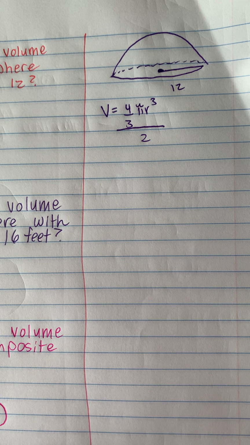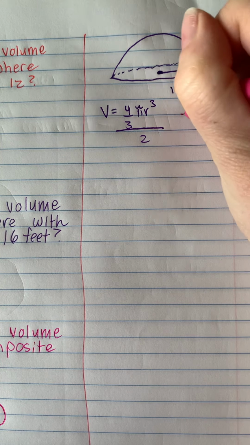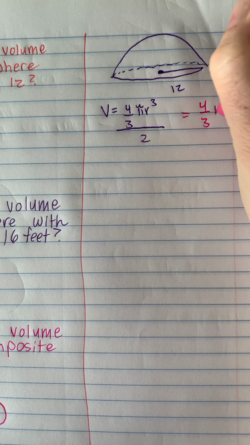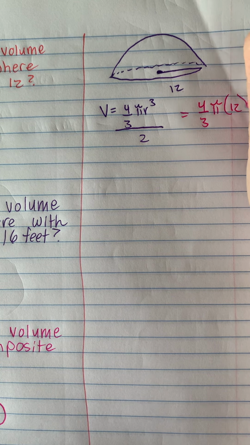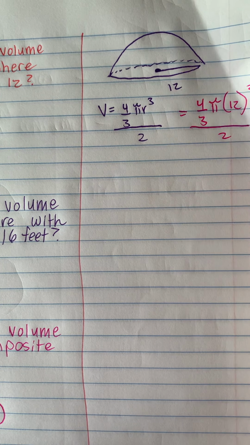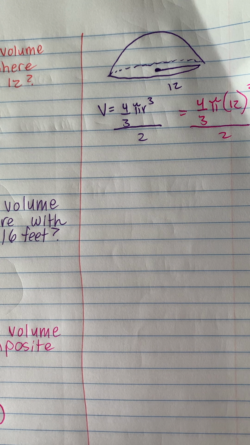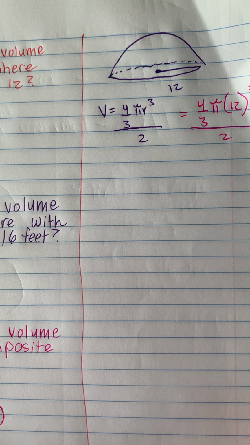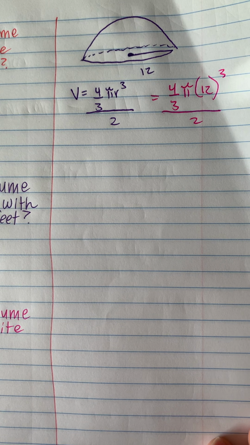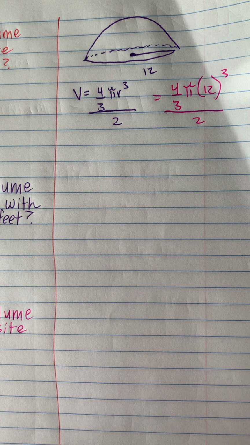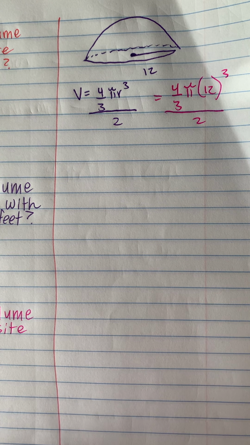So plugging in our radius of 12, and that whole thing is going to get divided by 2. So using your calculator, I'm finding that people are getting different answers, rounding, by using 3.14 instead of pi.